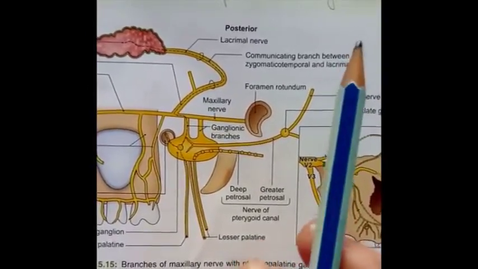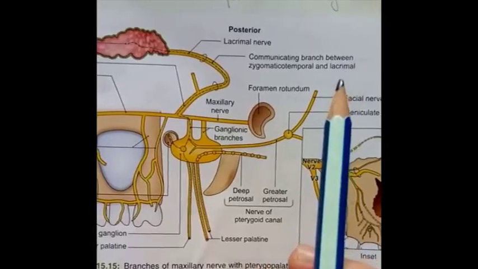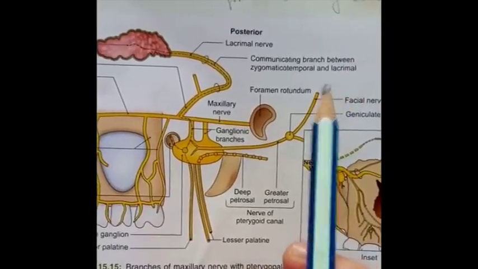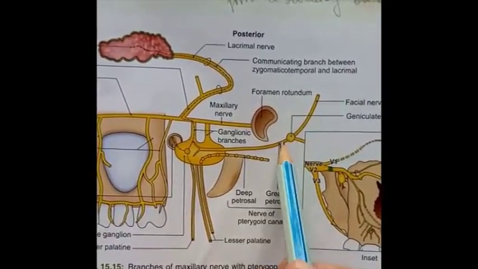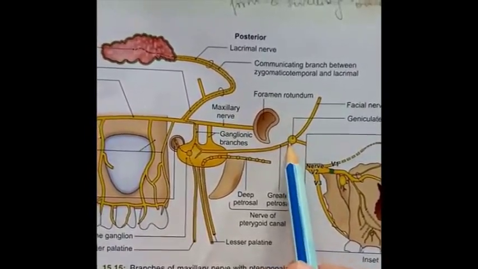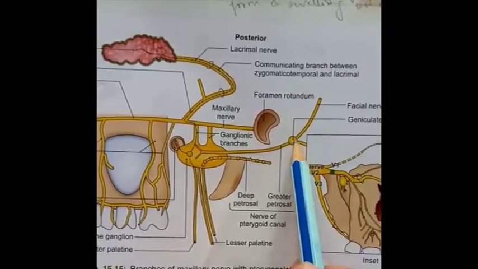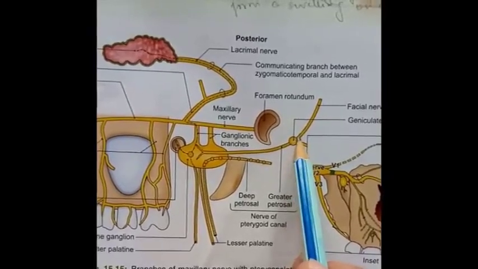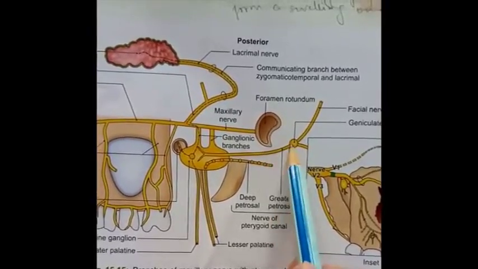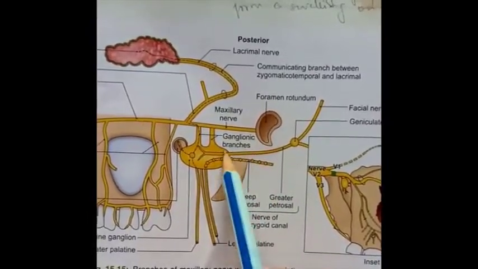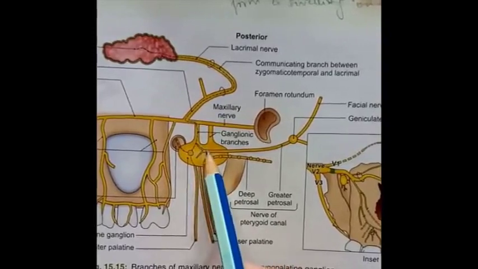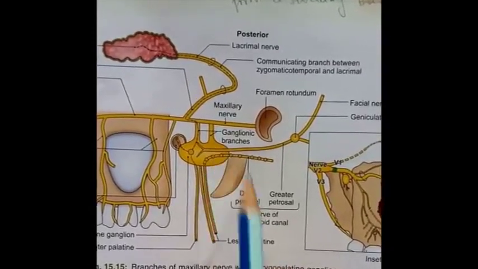So from there it passes through the nervus intermedius, then through facial nerve it is carrying the sensation. It relays first in the geniculate ganglion, and then from the geniculate ganglion greater petrosal nerve arises, and then it becomes the nerve of pterygoid canal, and it acts as a parasympathetic root of this ganglion.